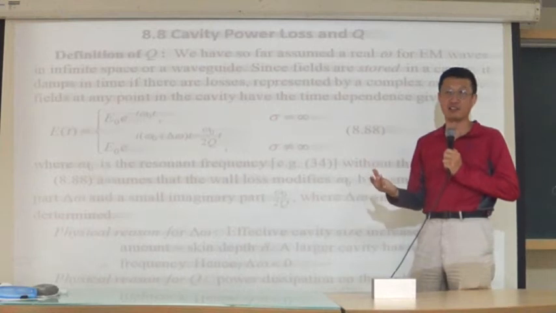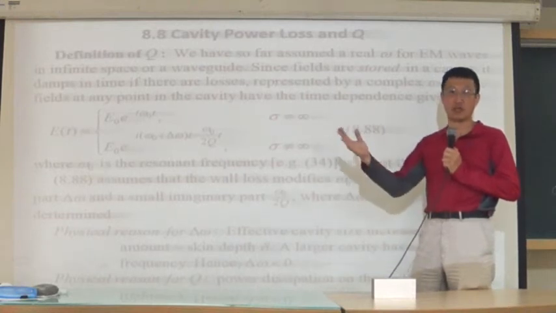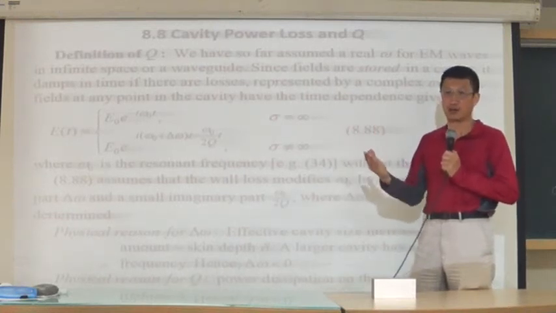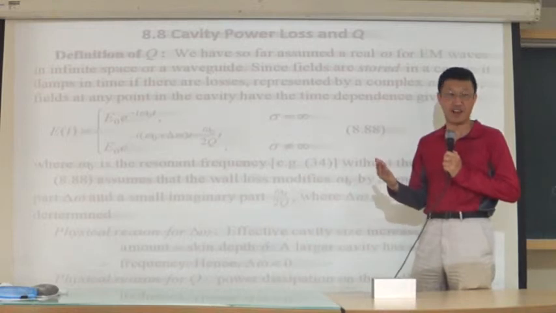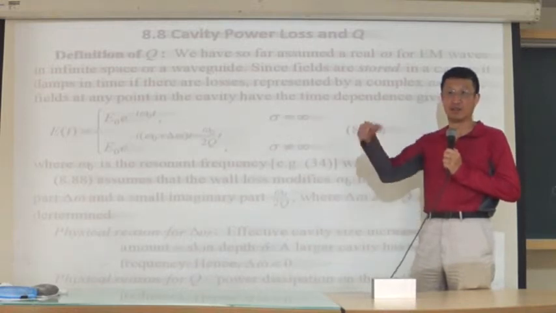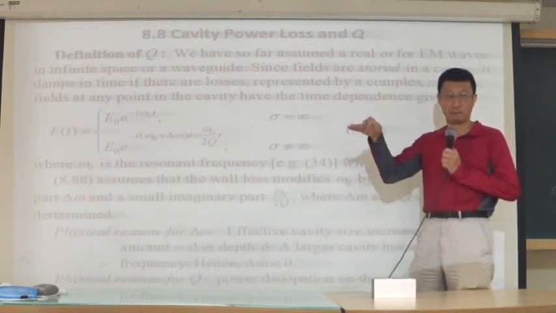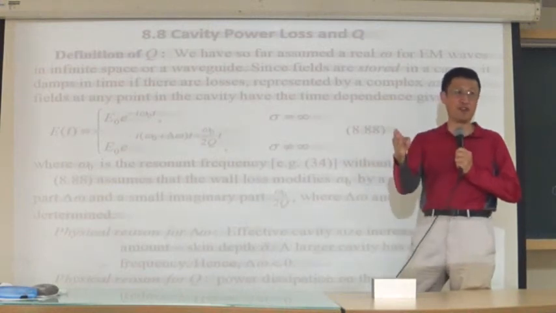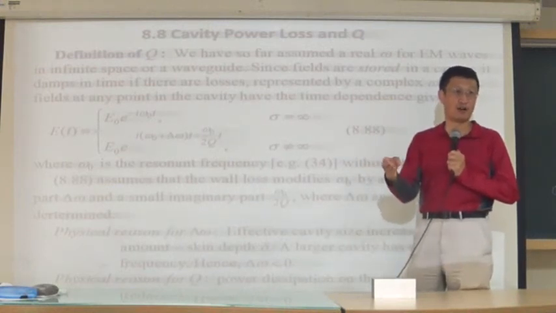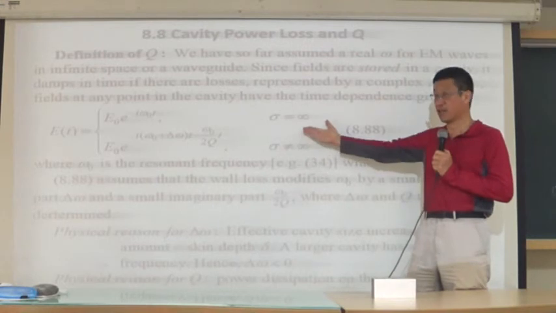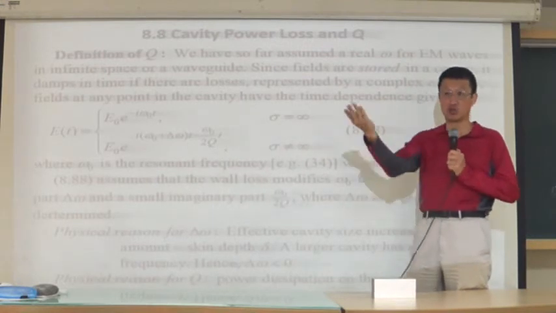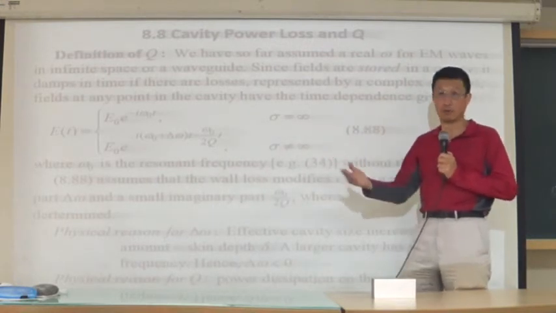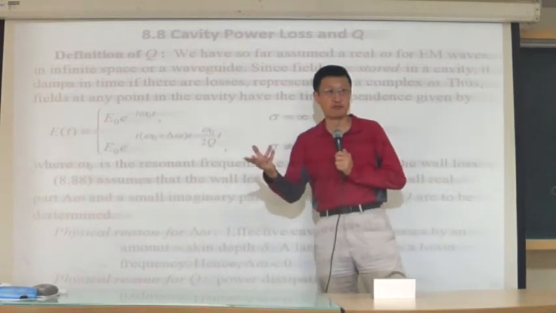For a perfect conductor, no magnetic response. For a superconductor, we will have the Meissner effect. The magnetic field cannot penetrate a perfect conductor. But for a superconductor, the magnetic field can penetrate with no difficulty. That's the major difference.